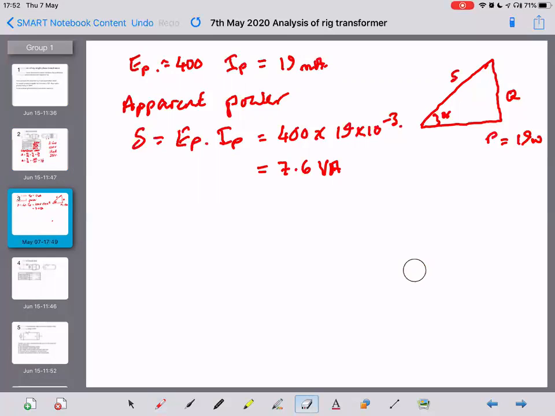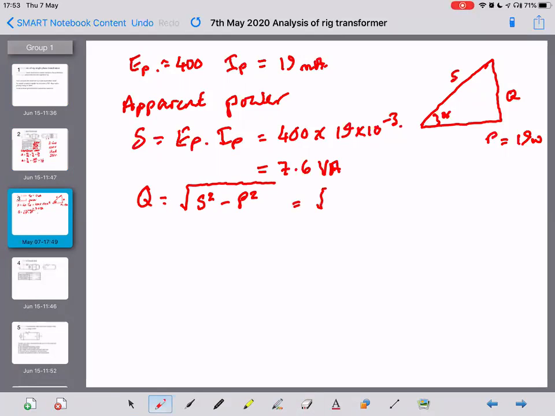Okay. So now we know S. Now what can we find? We can work out Q. Q is equal to the square root of S squared minus P squared. Correct.